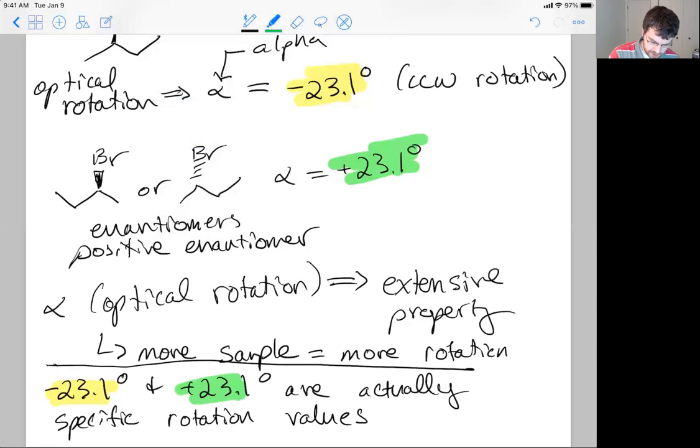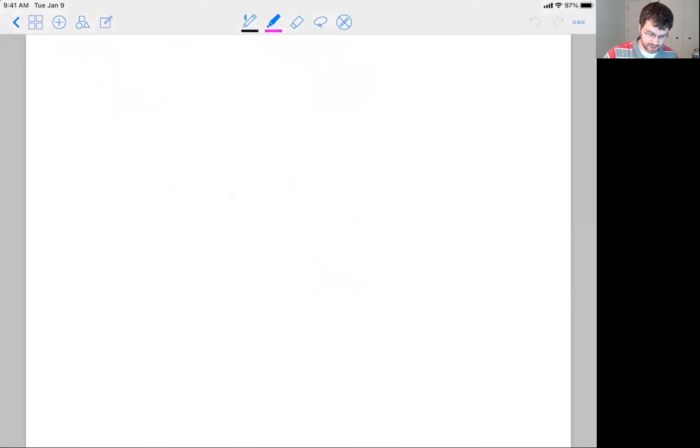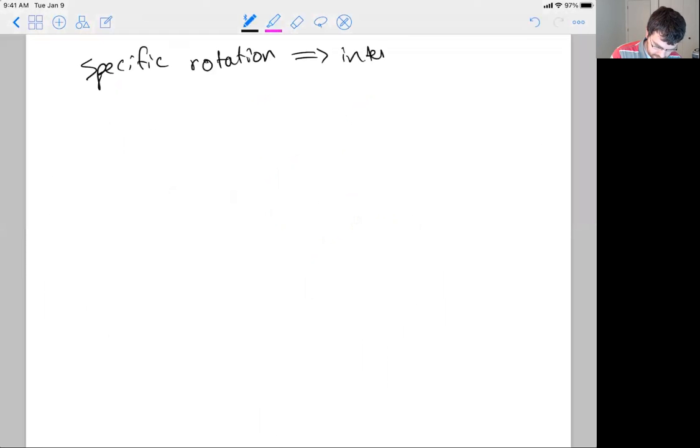Specific rotation is a new term, and specific rotation is our attempt to convert optical rotation into an intensive physical property. Now this is an intensive physical property.